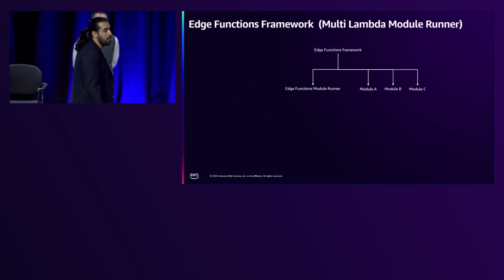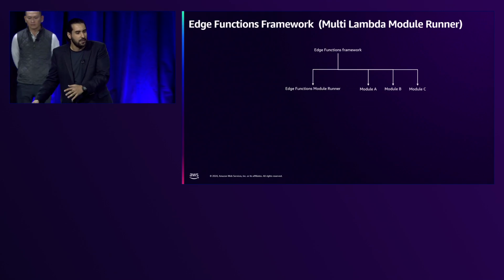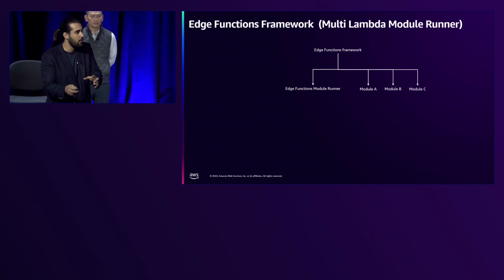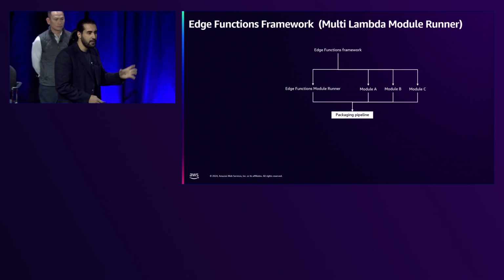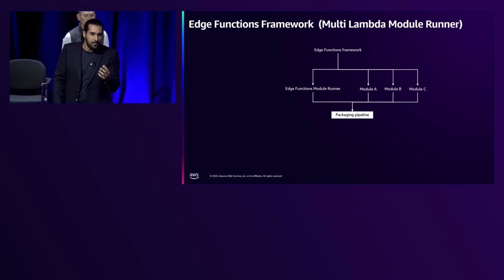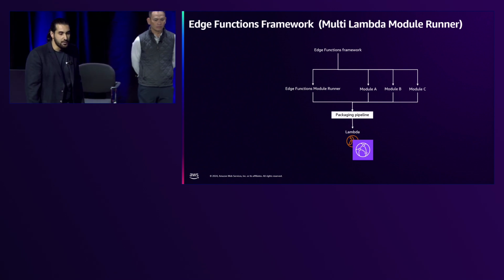And this is how our module look like. Our framework has to be imported into the individual submodule. They need to implement our interface and implement their own handle function. And then we have a packaging pipeline that takes our function runner and all the submodules, packaging them into one Lambda. And then we simply attach that Lambda into our multiple CloudFront distributions.